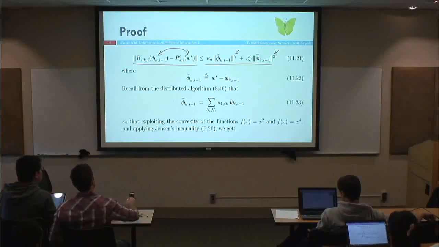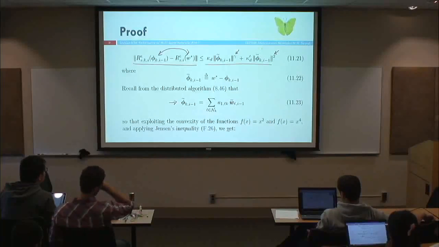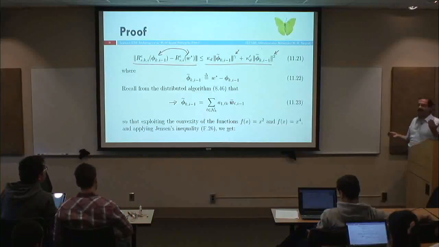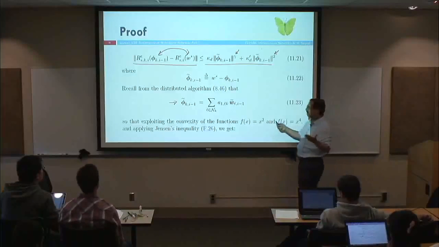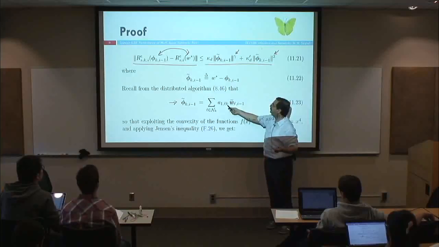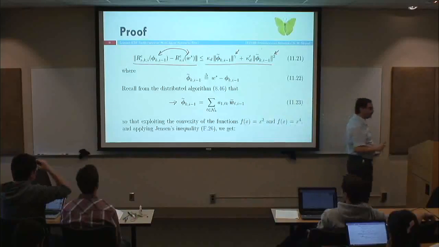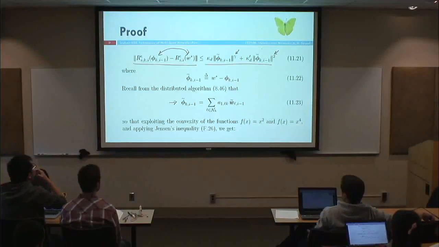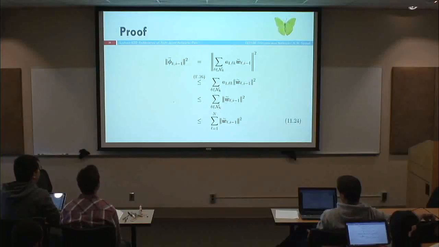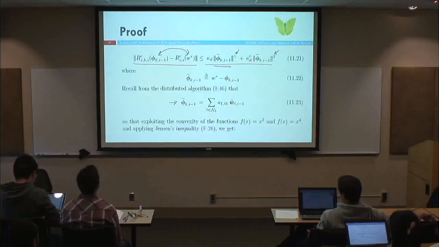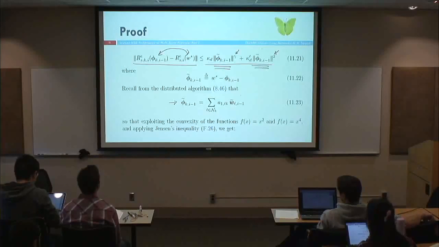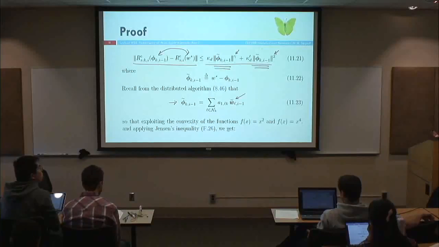Remember, phi tilde is some combination of the W tildes using convex combination coefficients, correct? So let's look at this norm and at this norm and relate it to the norm of W tilde squared. That's what I want.